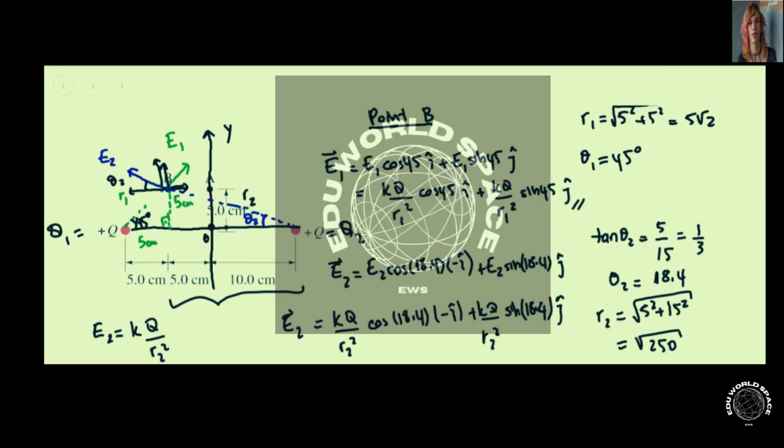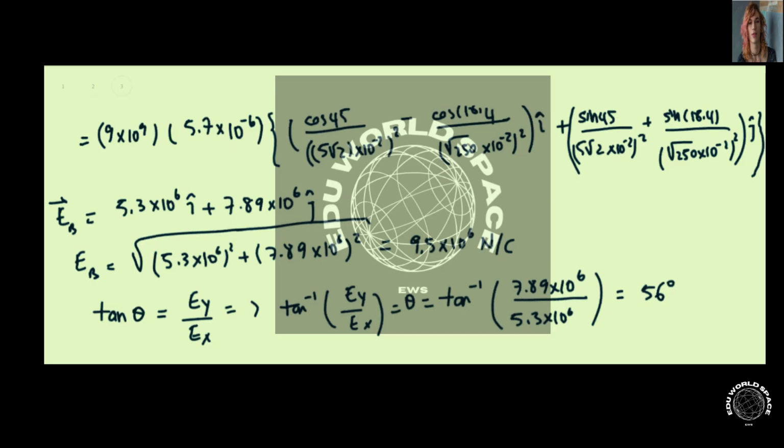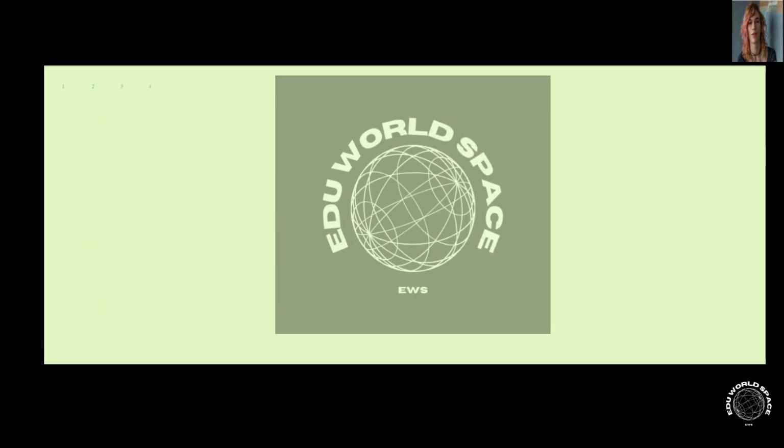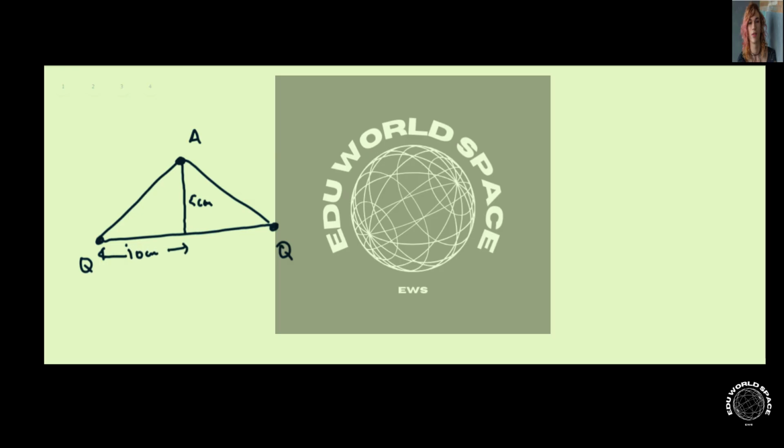The second part is asking for the net field at A, which is easier. So let me draw it again. We called these Q1 and Q2, and this is point A. This distance is 5 centimeters. The distance from here to there is 10 centimeters.